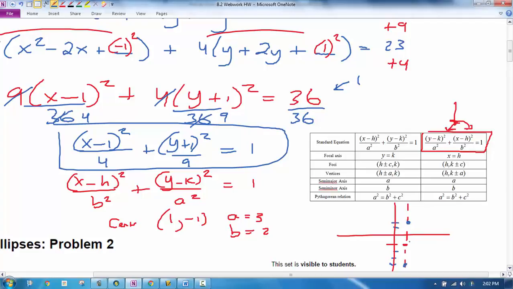And then the minor axis, you go over 2 in both directions to get the co-vertices. So we have the vertices and the co-vertices. So the major axis has length 6 and the minor axis has length 4.